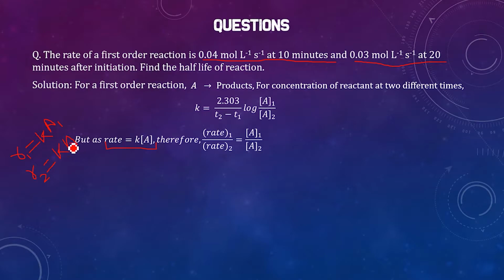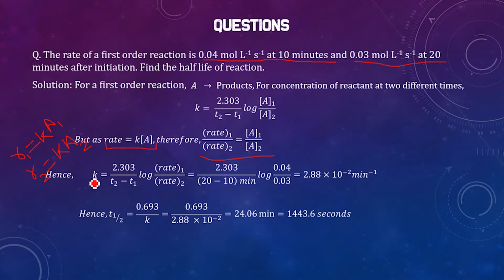What will you get? You will get this thing. Any problem in this? Now we have this formula, rate 1 upon rate 2. Instead of this A1 upon A2, can we write rate 1 upon rate 2? Tell me. Yes, so instead of A1 upon A2, I have written rate 1 upon rate 2.